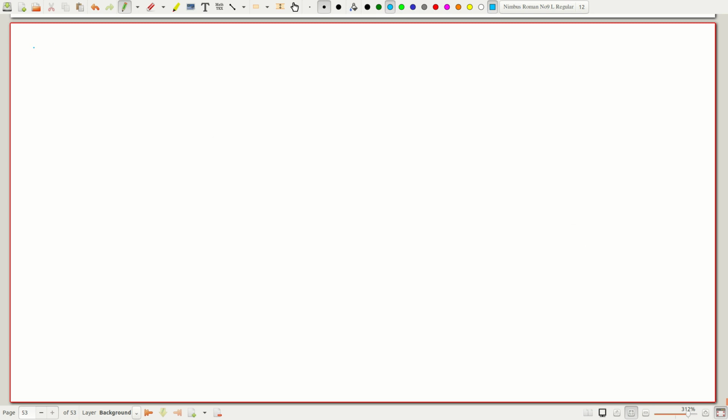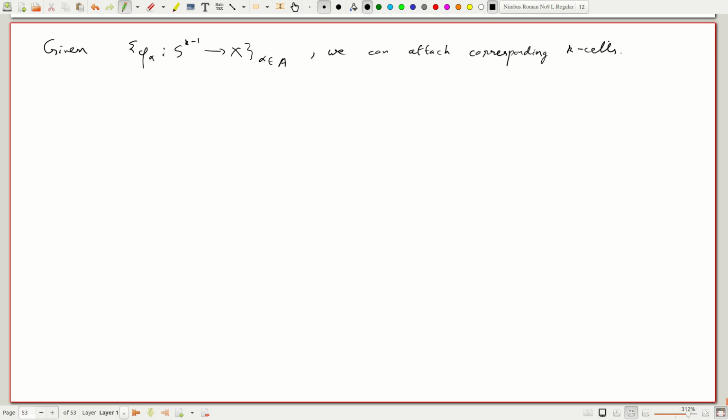But first note that for fixed k, given a whole collection of maps phi_alpha, from S^(k-1) to X, alpha in A, we can attach the corresponding k-cells.